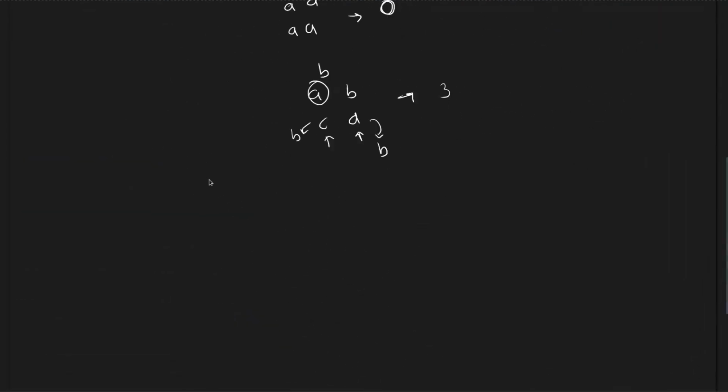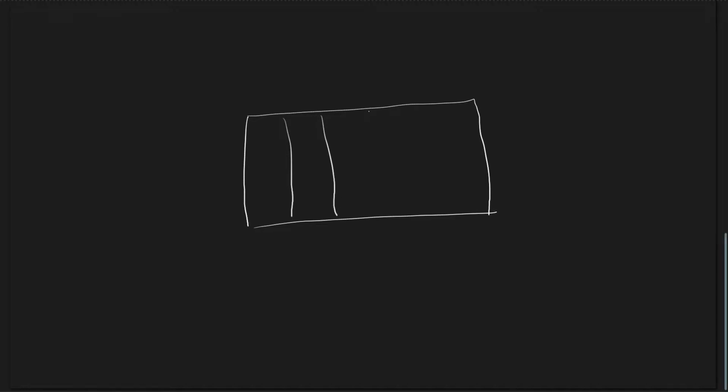So let me just show you with an example. If I have a grid, there's a very intuitive approach to this particular question. For example, this is some grid and you are present here at this particular cell, and this is your goal to reach here.